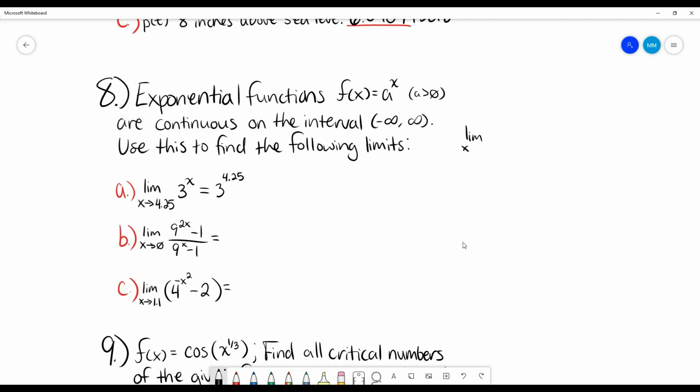So if I have the limit as x approaches 0 of this function, let's go ahead and manipulate that. It might be hard to see, but I recognize that this is actually a perfect difference of squares. That's going to be 9 to the x minus 1 times 9 to the x plus 1.